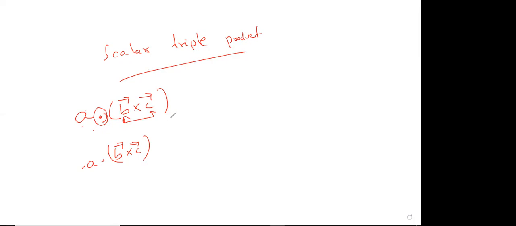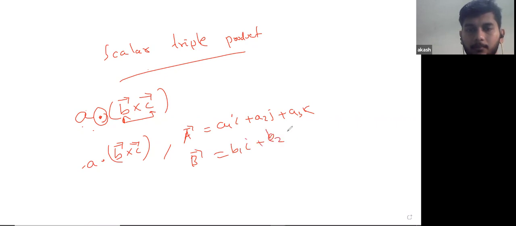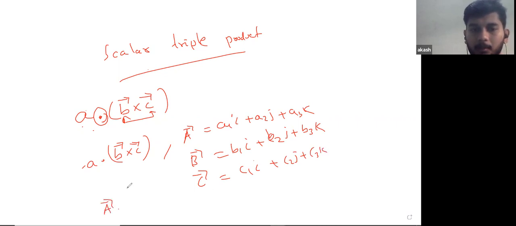So if there is a vector a1i plus a2j plus a3k, there is a vector b, and a vector c, then this a dot b cross c you can write as the determinant with rows a1, a2, a3, b1, b2, b3, c1, c2, c3.